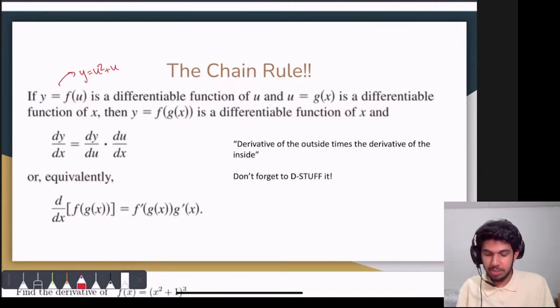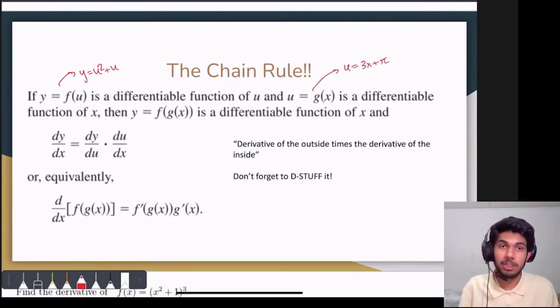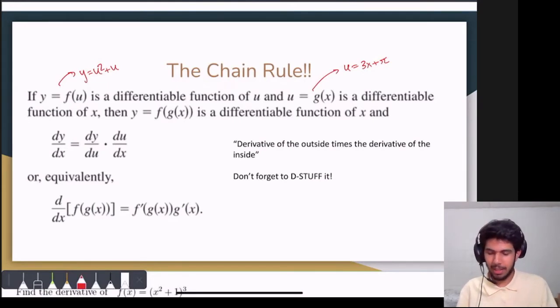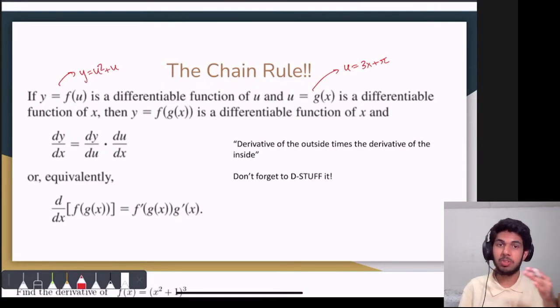So dy/du times du/dx, and that comes from here, right? u might equal 3x plus pi. u is a function of x, so we take the derivative of u with respect to x. du/dx in this case would be 3. And then the derivative of y with respect to x is the product of these two.